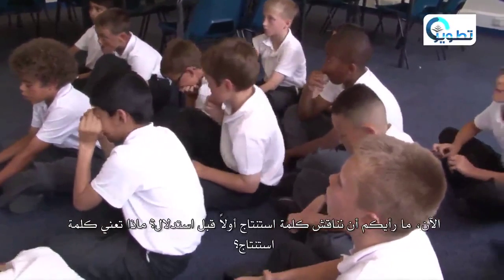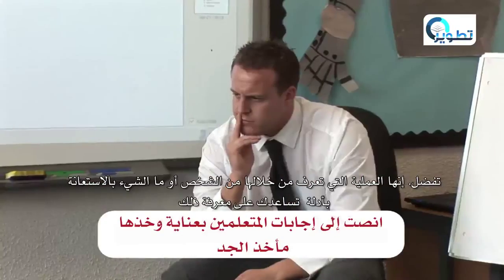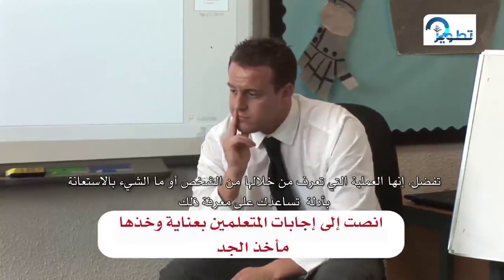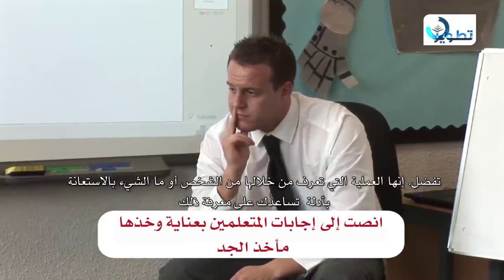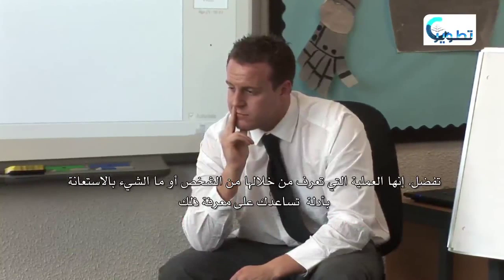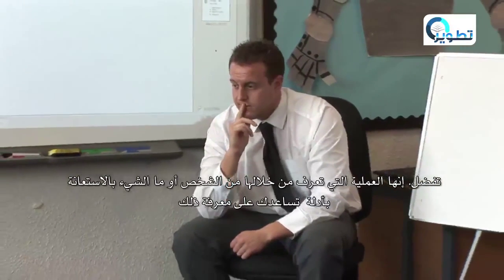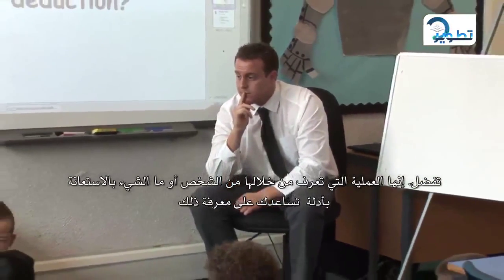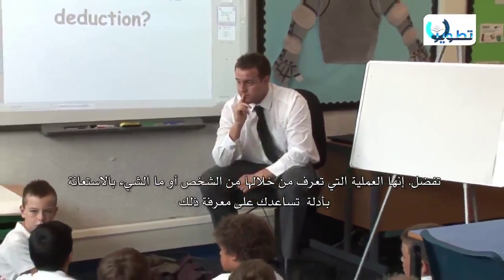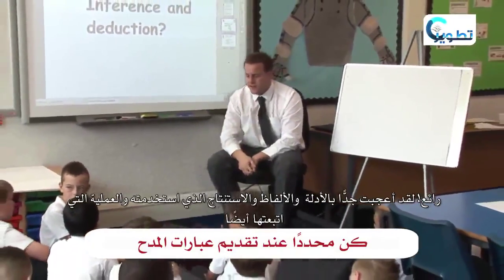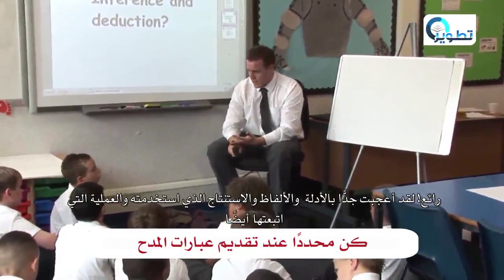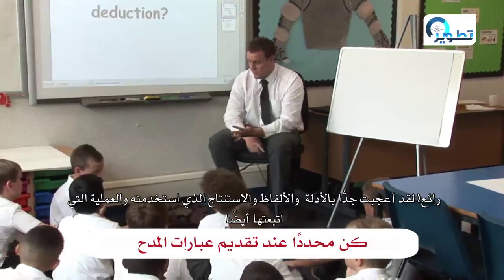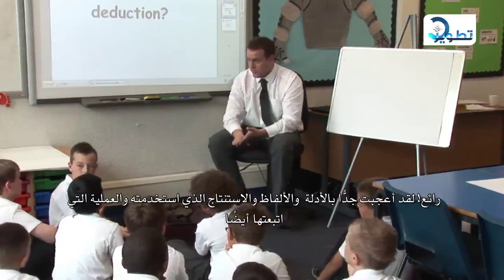What does deduction mean? Yeah? It's a process where you find out what someone or something is by using evidence to take away or deduct other things or people that could have done it. Fantastic. Those words I really liked were the evidence, the deduction you used, and also the process.